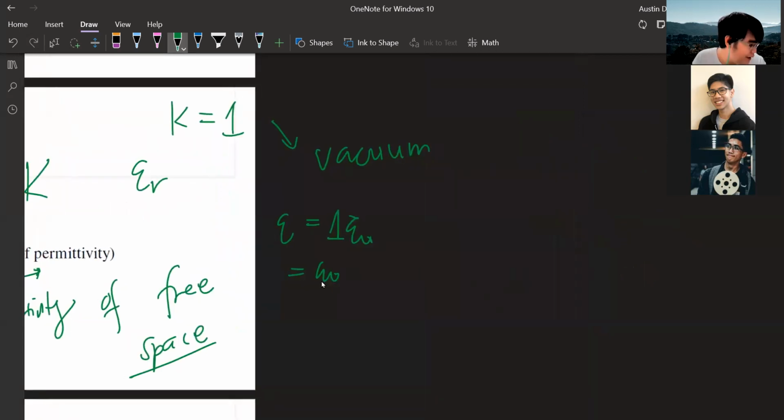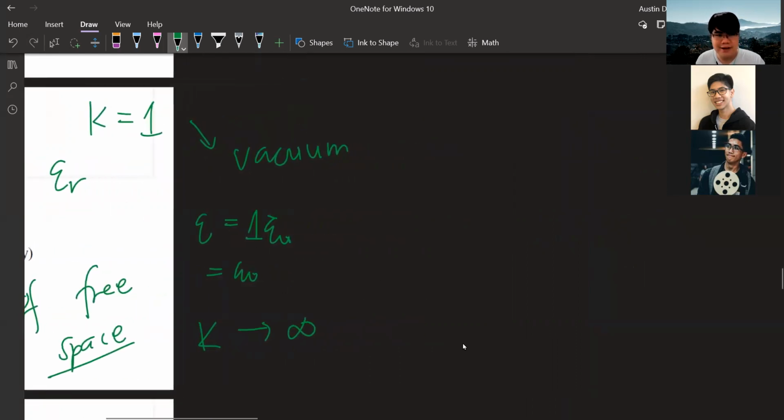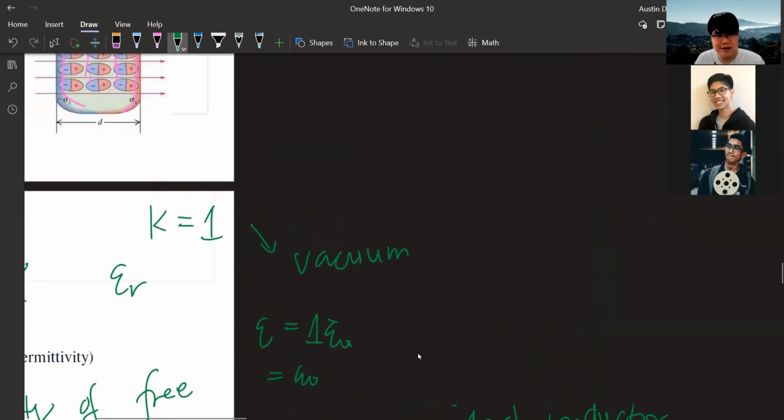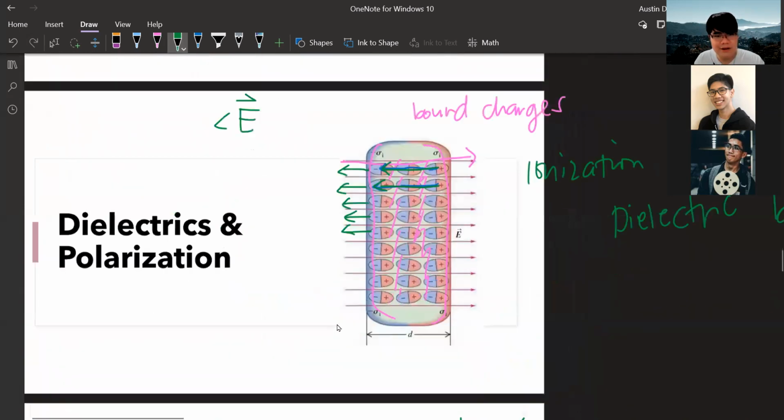Tapos if K approaches infinity, this is for an ideal conductor. Well, actually conductor in a sense. Conductors in a sense. Okay, so ayan.